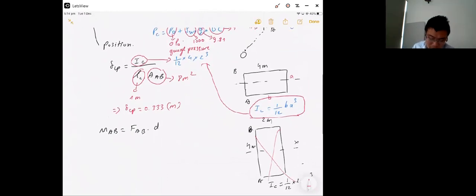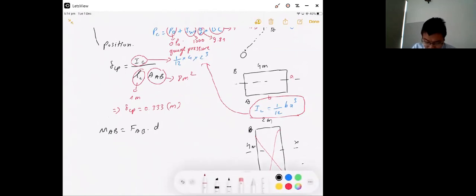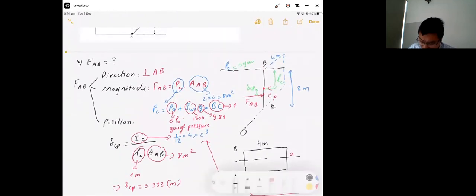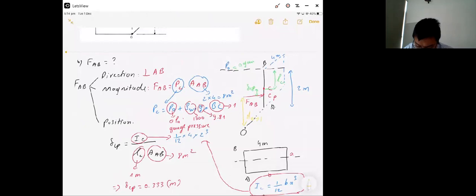And moment. So moment AB will be equal to the force applied to AB times the distance from O to FAB. Okay. So the distance from O to FAB is this one, D from O to FAB.